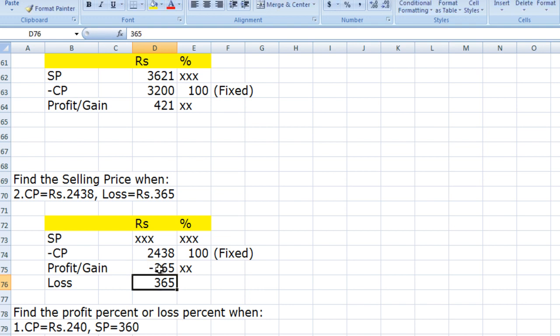So selling price will be cost price plus profit. Therefore selling price is 2,073 rupees.